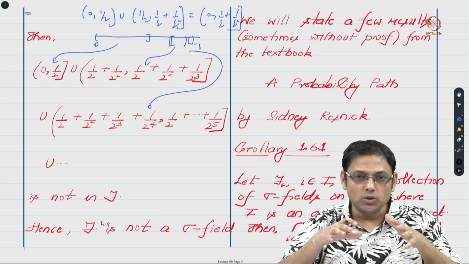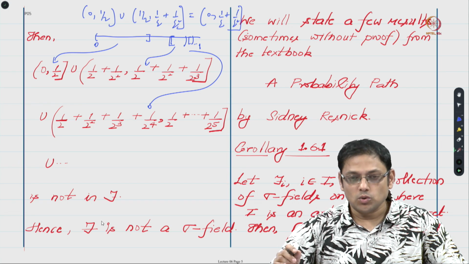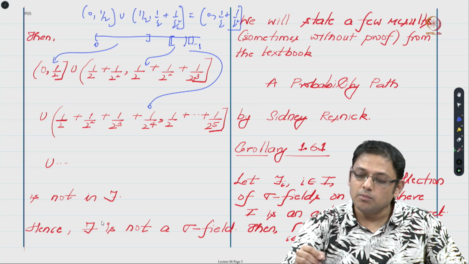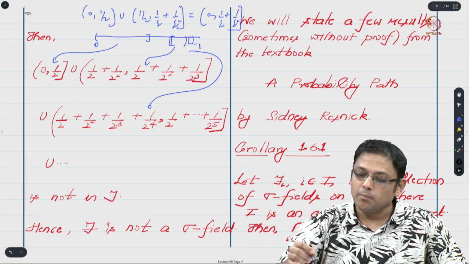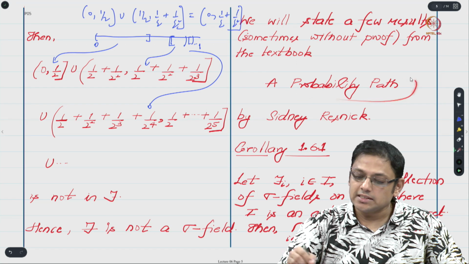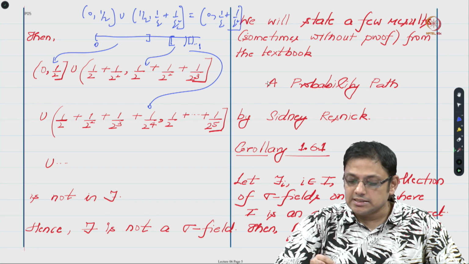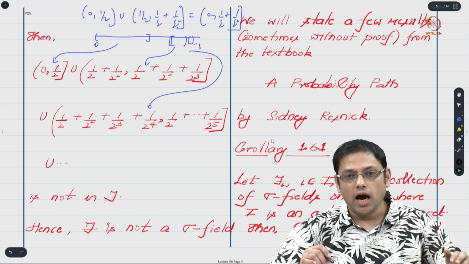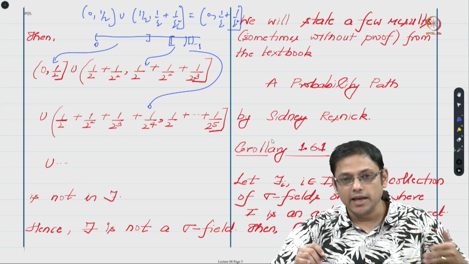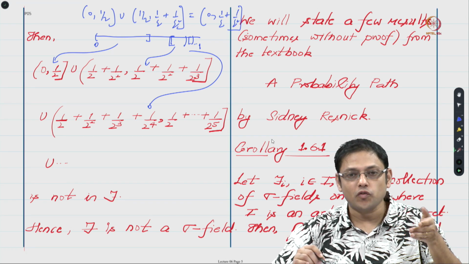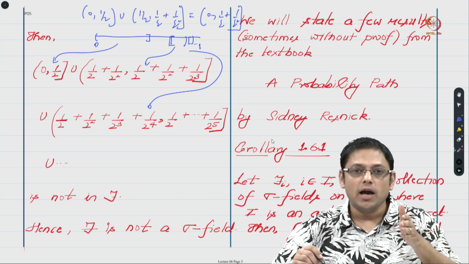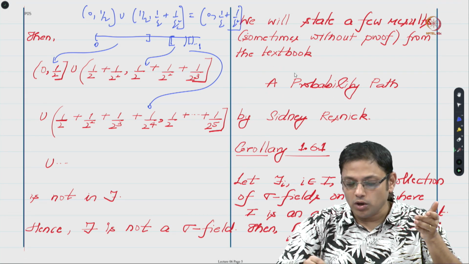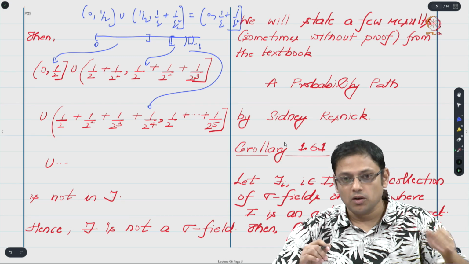Okay, so now we are going to see some properties of the sigma field, and for this we will build upon some results from this textbook called A Probability Path by Sidney Resnick. Is this okay? And these numbers I have ensured are from that textbook itself. So in case I haven't provided you with the proof and you are interested in looking at it, I encourage you to find this textbook and go over the corresponding results.